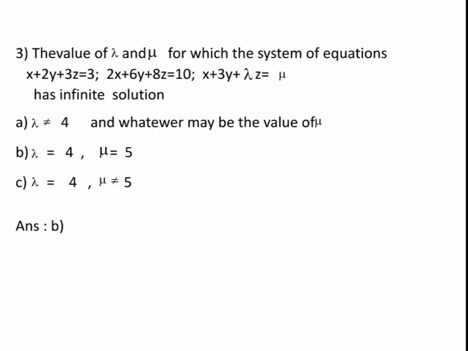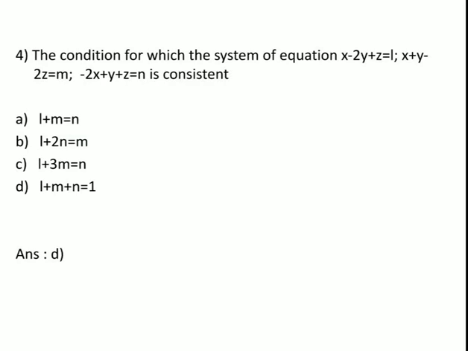So there are 3 conditions: unique solution, infinite solution, and no solution. You have to use this third condition. If the system has infinite solutions, then what will be the values of lambda and mu? This you have to verify. And one more example is the condition for which the system is consistent.